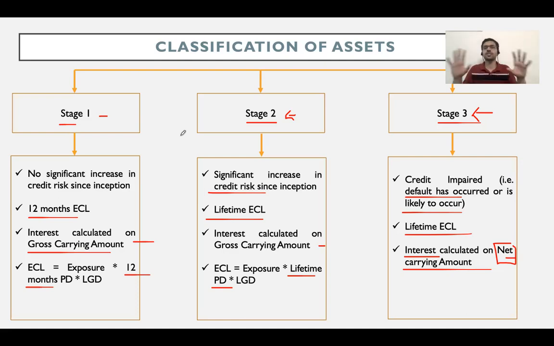All right, so what I'm trying to say is, on an average, if I remove the extremes, you can probably say that RBI's prudential norms resulted in more or less the same amount of provision that Ind AS 109 ultimately recommended.